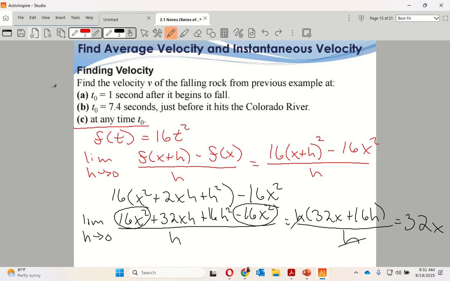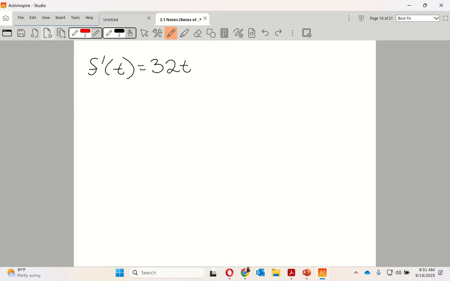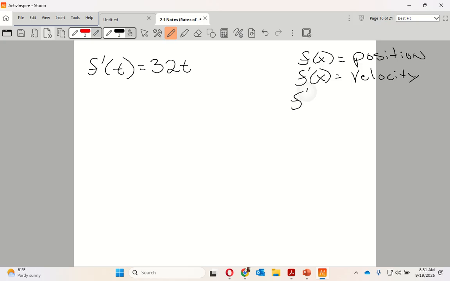Now, it's asking us for that first one, what was my velocity? If you guys remember, if I start with f of x, that's my position, f prime of x is velocity, and f double prime of x is acceleration.